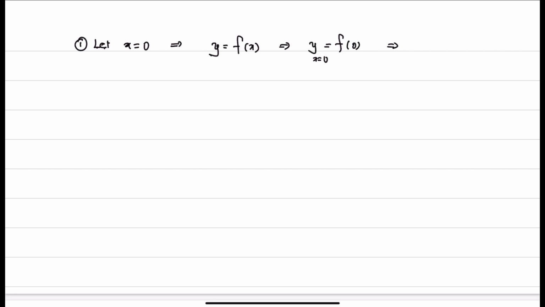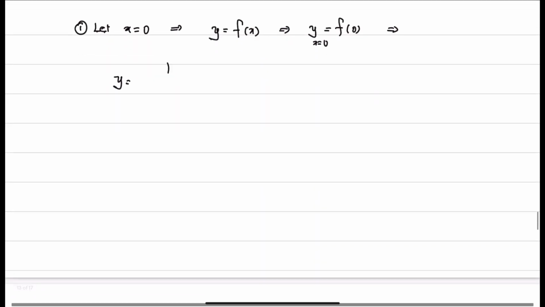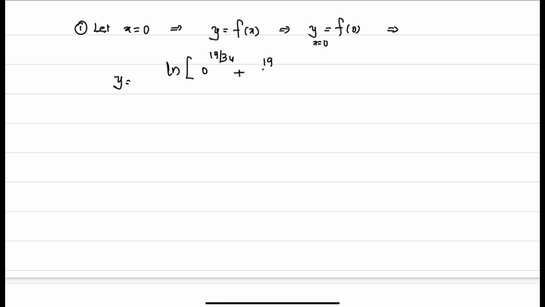That implies y is equal to, in this we will put x as 0, ln of x to the power of 19 by 34, that means 0 to the power of 19 by 34, plus 19 by 34 to the power of x, which is to the power of 0, whole divided by ln 34 by 19.